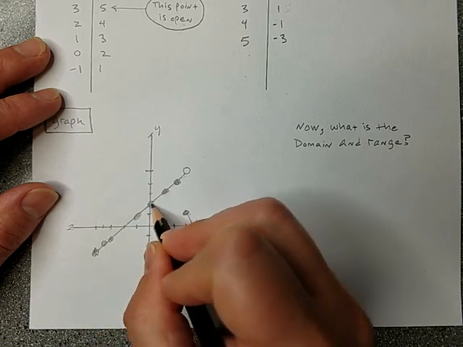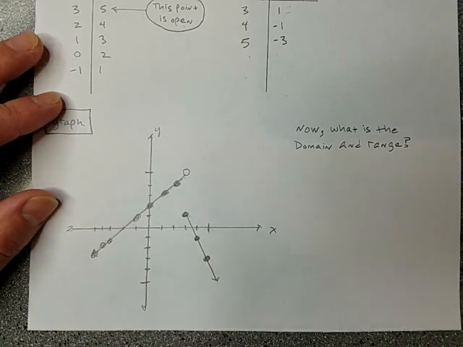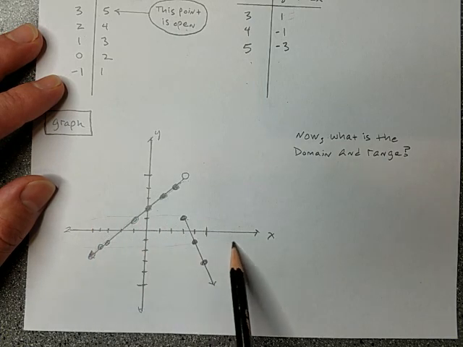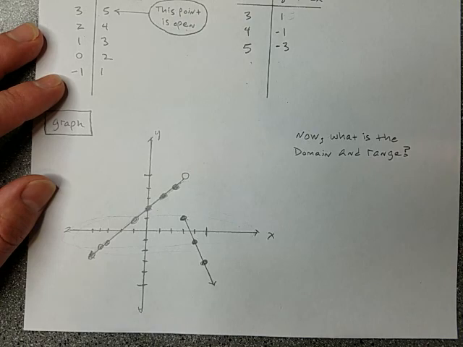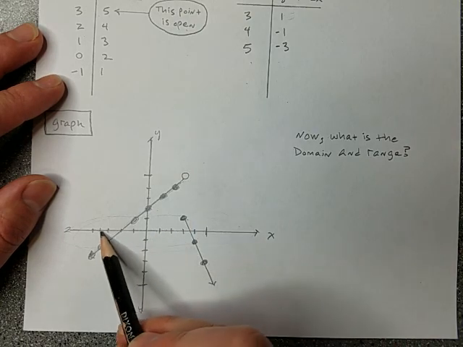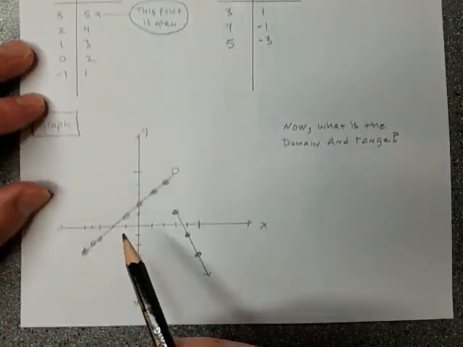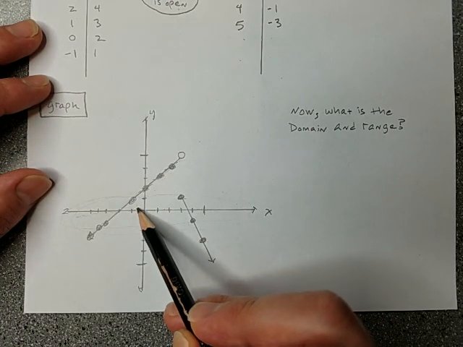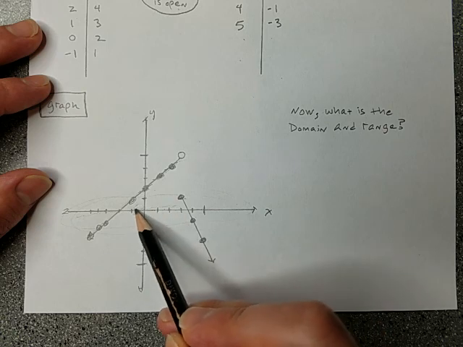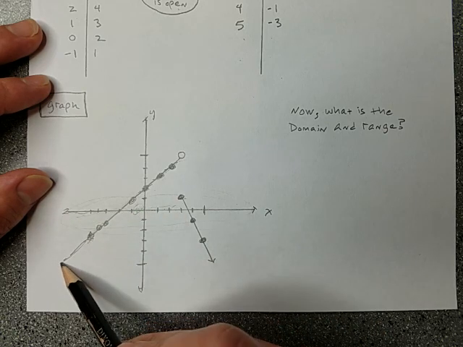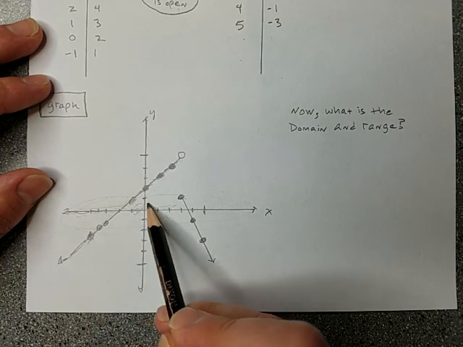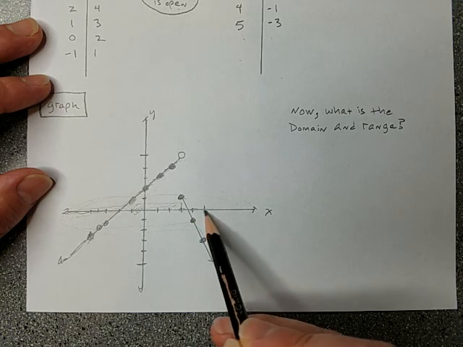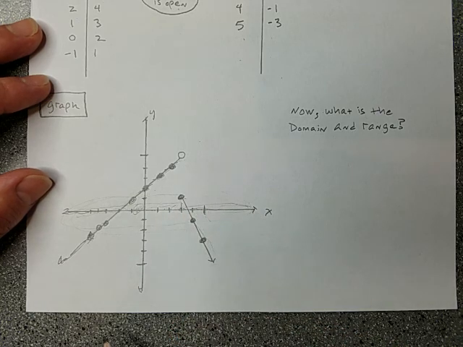So anything along there. One way to look at it is the span of the graph on the x-axis. x can be any of these numbers, not just the ones on the table. Anywhere you can point to on the graph, there's a point there that has an x coordinate. And this goes forever, so anything is possible over there. You see all these. x can be anything.